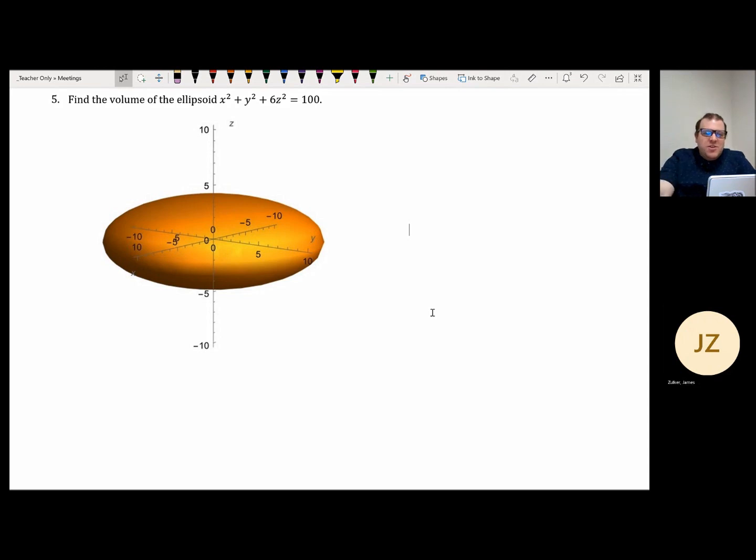So it'd go from 0, the origin, out to the edge of the ellipsoid. So you'd have to write the ellipsoid as a function f of theta phi, and that would be the upper bound for rho.